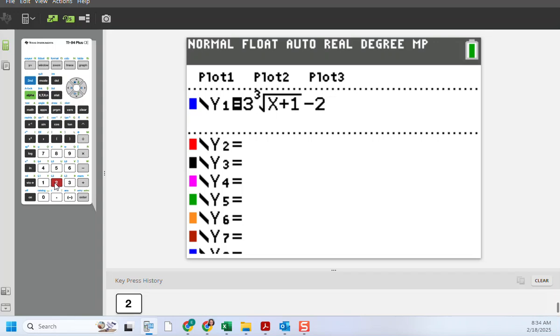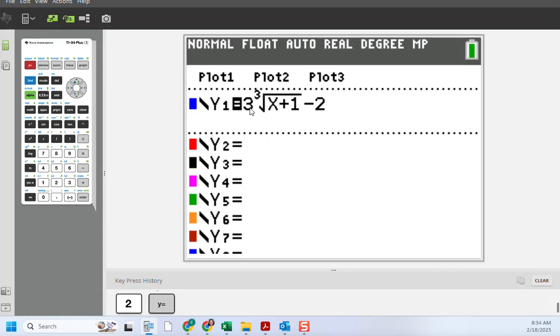Raise your hand if you'd like to see those buttons again. I have no votes, so if you want to see the buttons again, let me know. Very good, thank you. The first button I pressed was y equals, and then I cleared out everything in there.